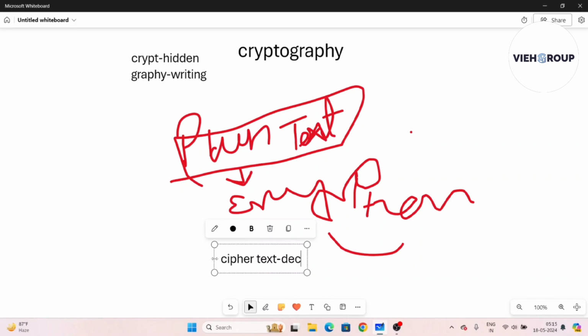Now it goes to decryption, and then again to plain text.